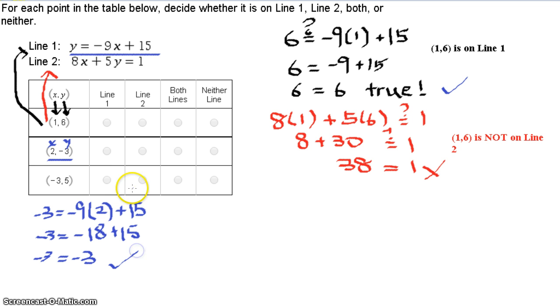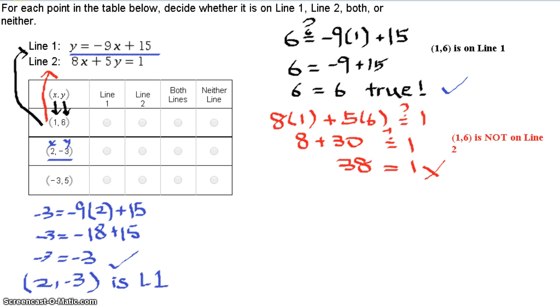This is true, which means the point (2, -3) is on line 1. Right, it's on line 1. Let's see if the point (2, -3) is on line 2 or not.